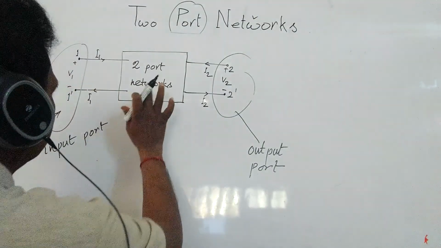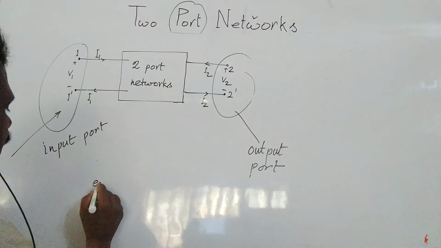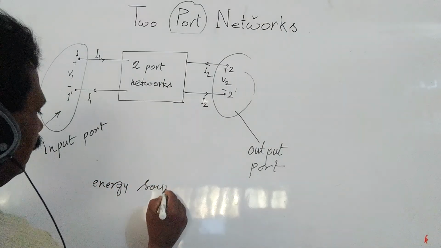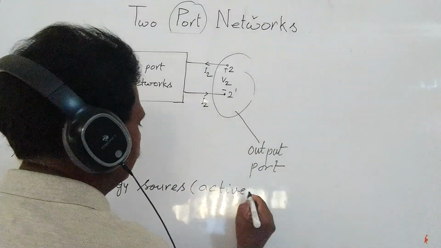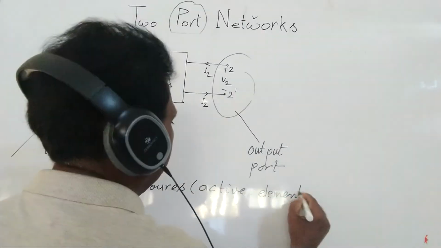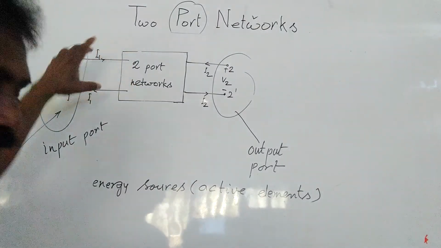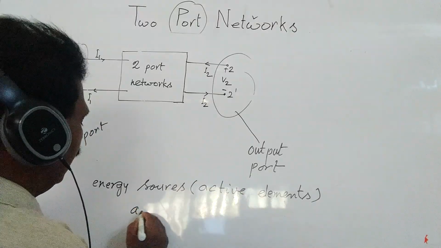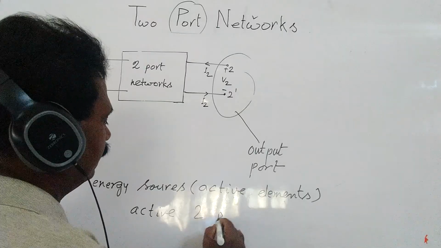When this network consists of energy sources or active elements, are you getting? When these networks have active elements, these will be known as an active two-port network.